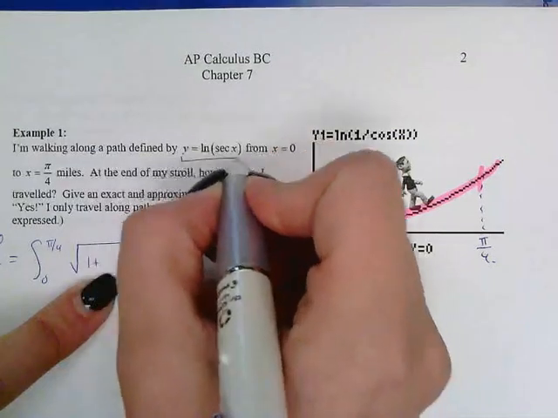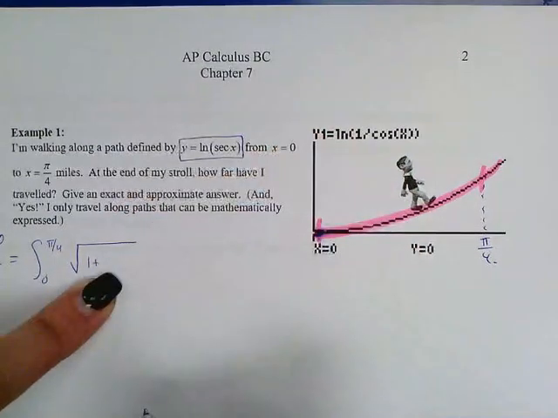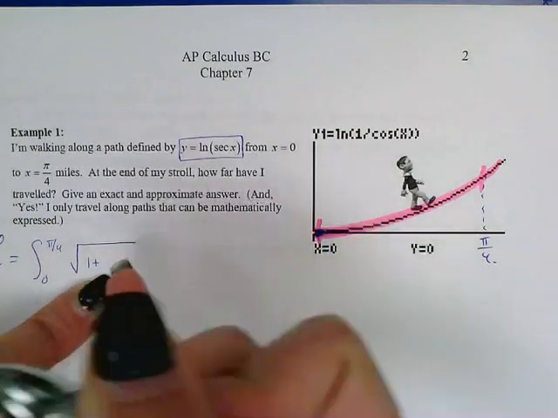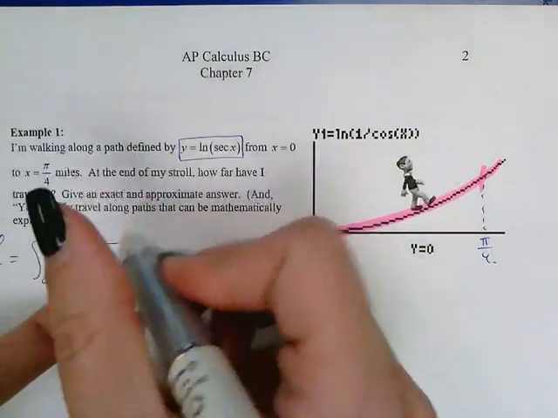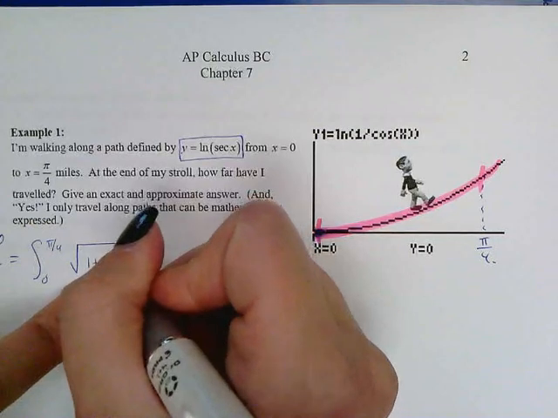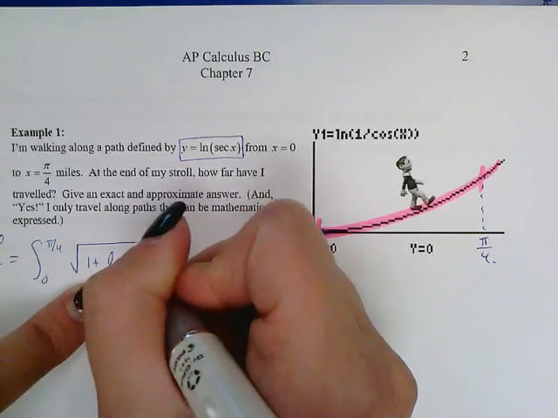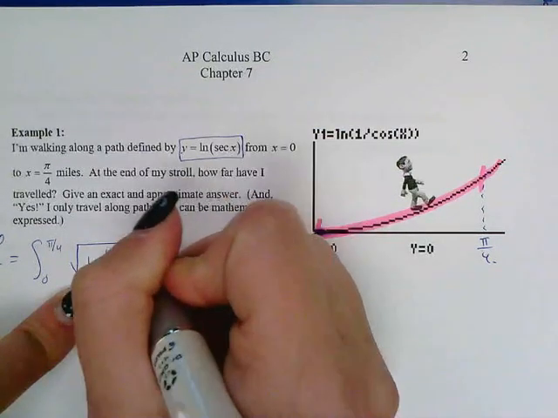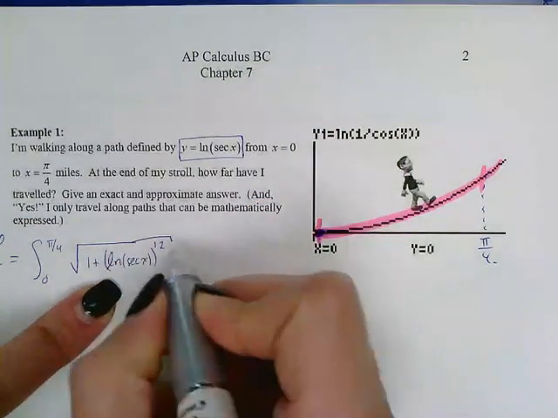Okay? So we need to find the derivative of this function. Well, let's just do it right now. So it's the derivative of ln of secant of x squared dx.